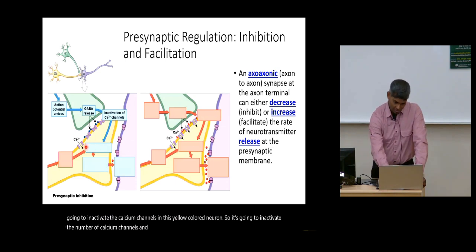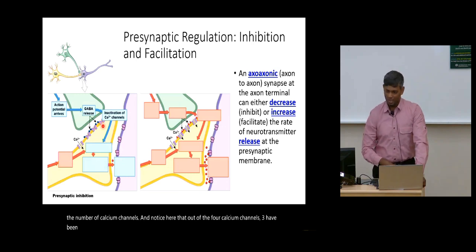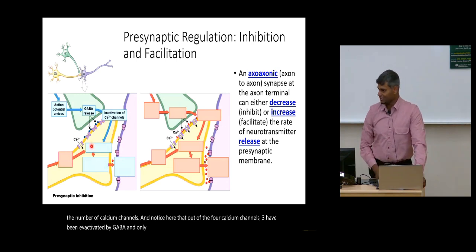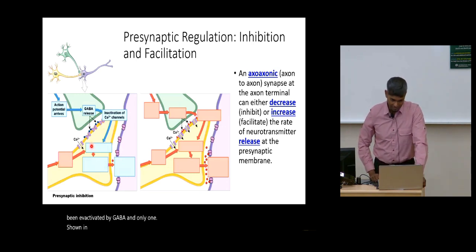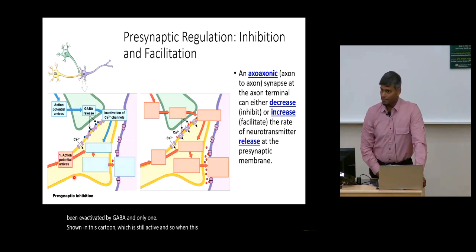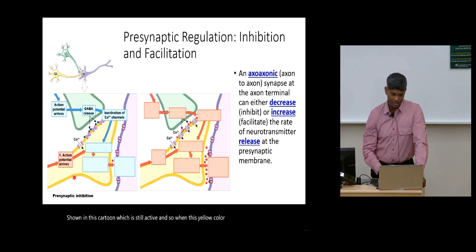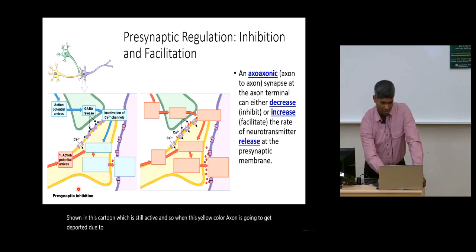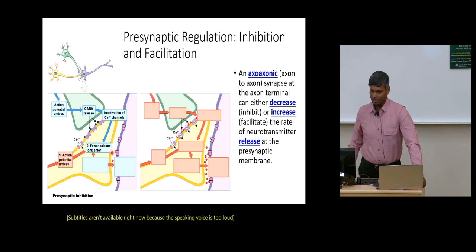Notice here that out of the 4 calcium channels, 3 have been inactivated by GABA, and only 1 calcium channel is shown in this cartoon, which is still active. So when this yellow axon gets depolarized by the action potential, fewer calcium ions will enter the cell.